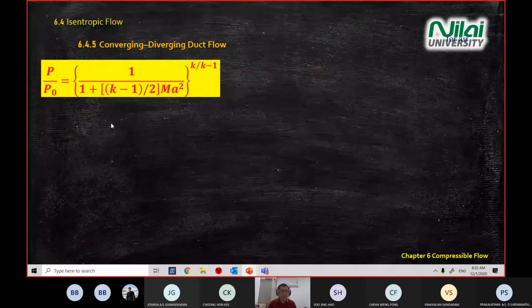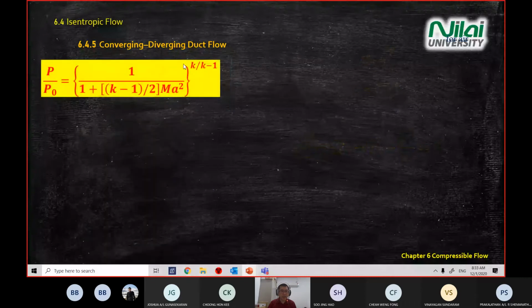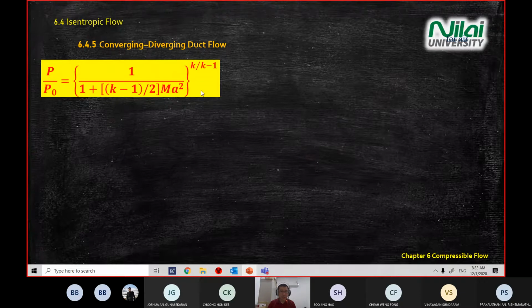Then the second equation is the pressure ratio. The center term here is the same as the previous one. What is different is the exponential component here, K divided by K minus 1. So you only need to memorize the pressure ratio, temperature ratio, and density ratio, the 3 brothers that we introduced last week.